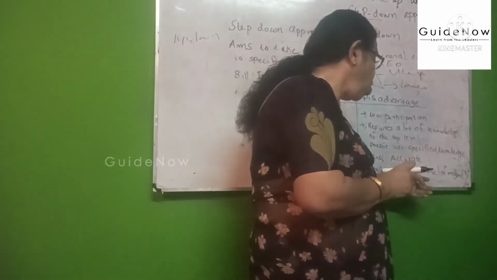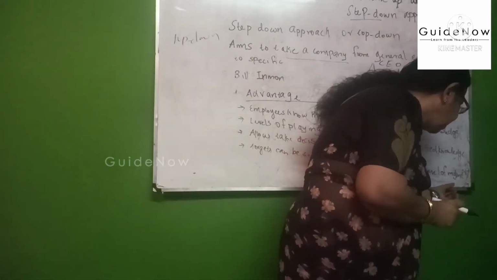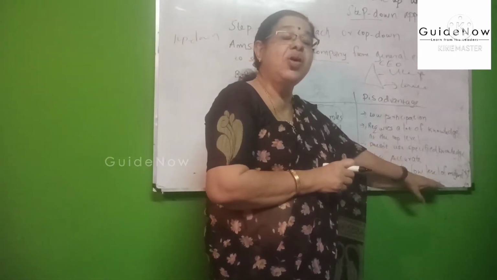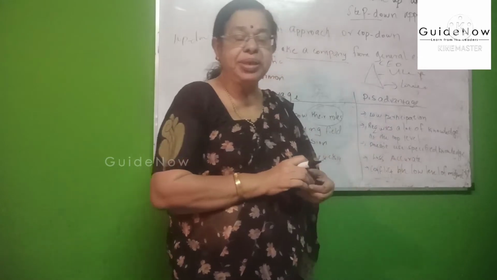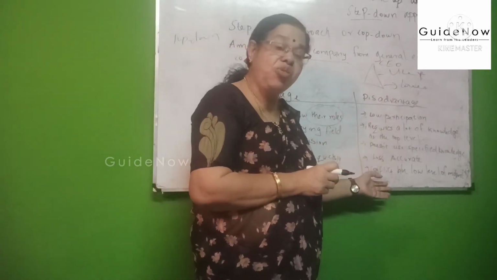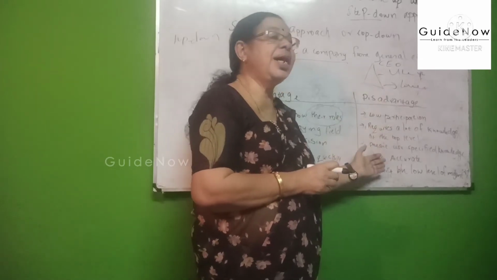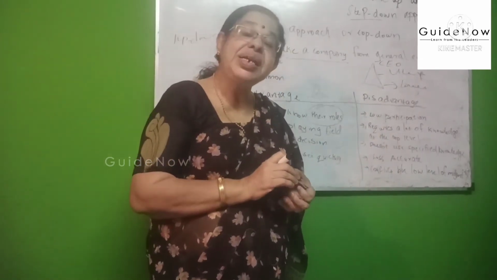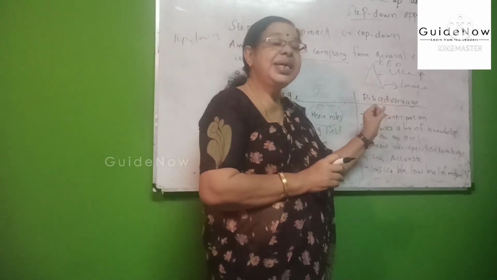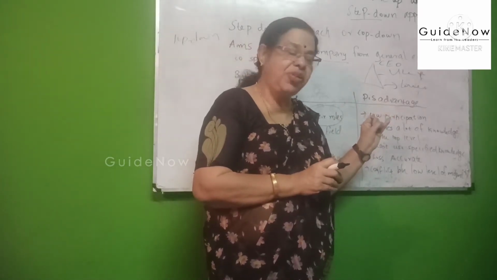And last, there is a possibility of conflict between low-level managers, or low-level management. These are the main important disadvantages of the top-down approach. First, low participation from the public.